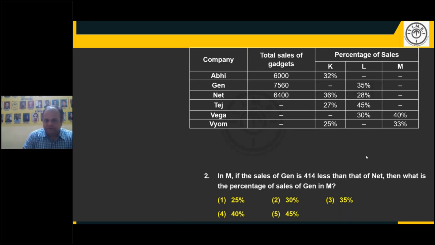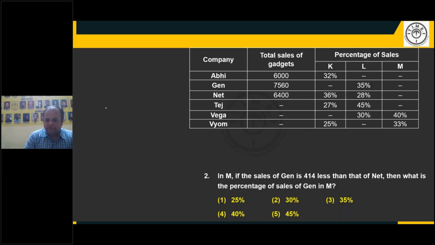So village M, they're talking about village M, where the sales of Gen is 414 less than that of Net. What is the percentage sales of Gen in M? Try this. See, first we can find out, we know Gen and Net, both total sales have been given.